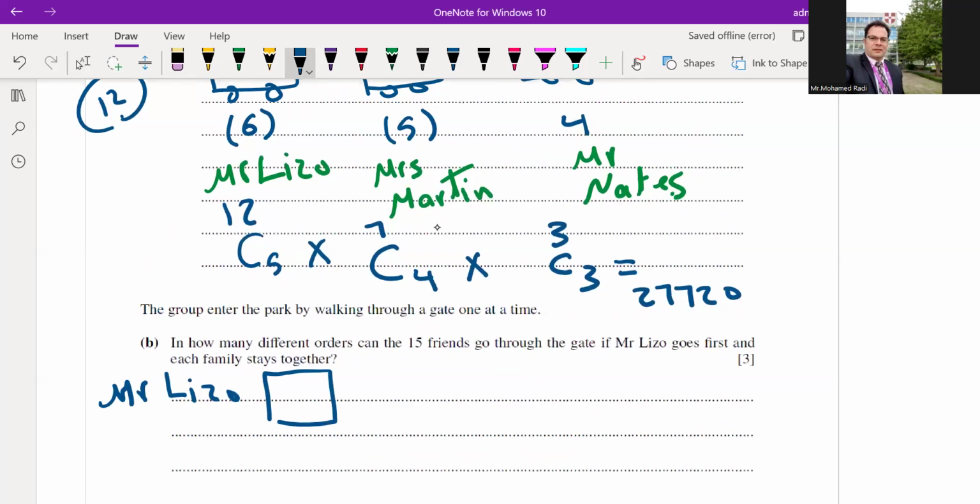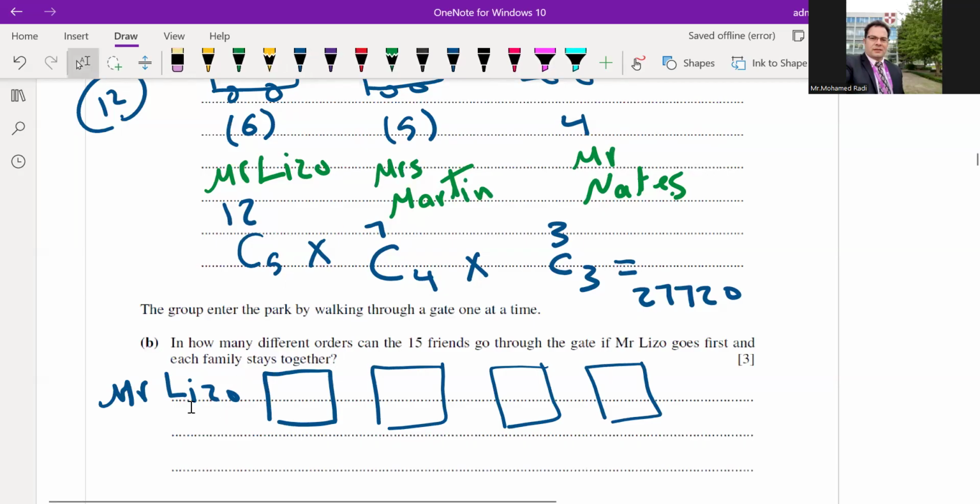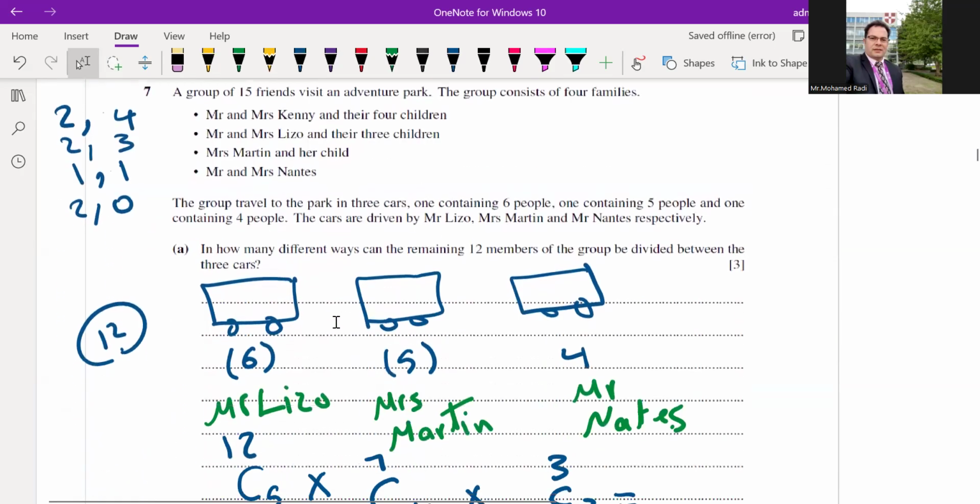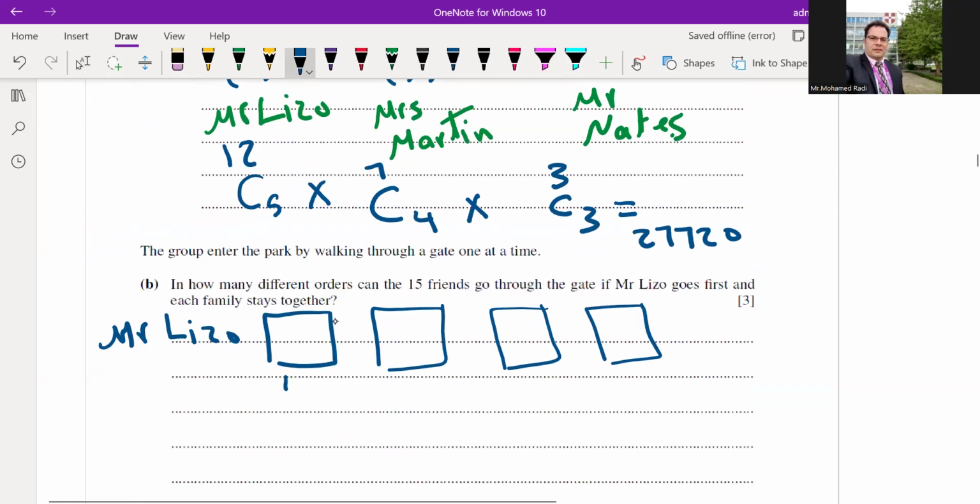But each family together, we have 4 families. We have Lizo family at the beginning, firstly. So we will not rearrange this family in between. Lizo, how many members left? It's 4. We'll arrange in between firstly, so here 4 factorial.